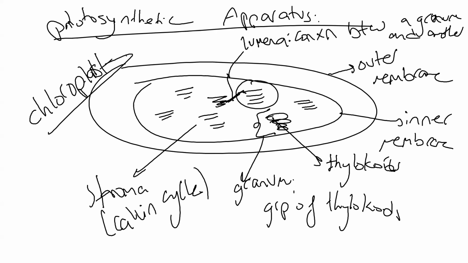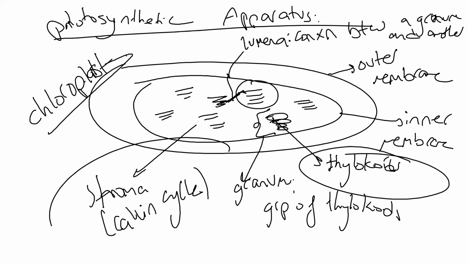Let's first speak about the light-dependent, which happens in the thylakoid, and then we speak about the independent, which happens in the stroma. So here we have the dependent, and here we have the independent light reaction. Let's start.